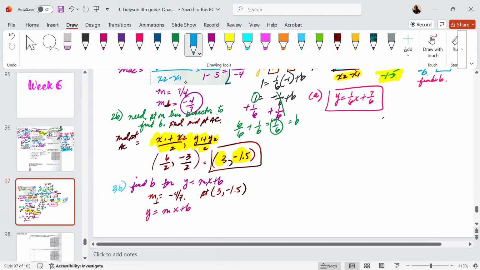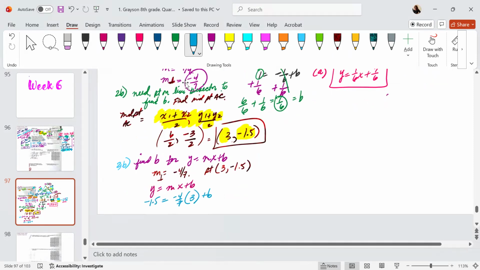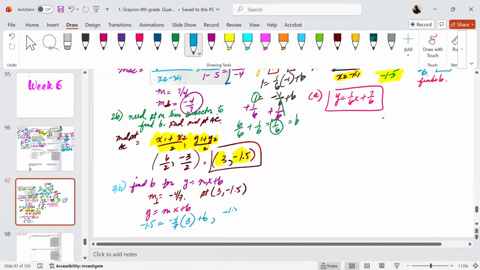Plug it in and find B. Slope is negative 4/7. X is 3 plus B. Find B. Another way of writing negative 1.5 is negative 3/2 plus 12/7.